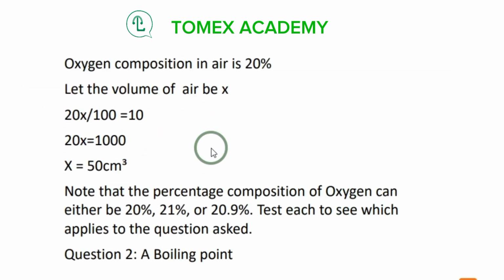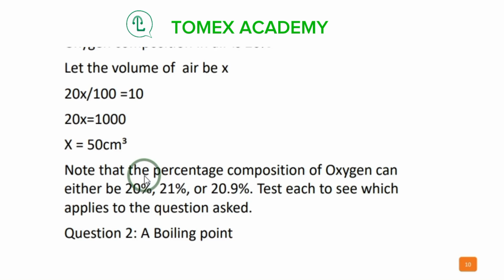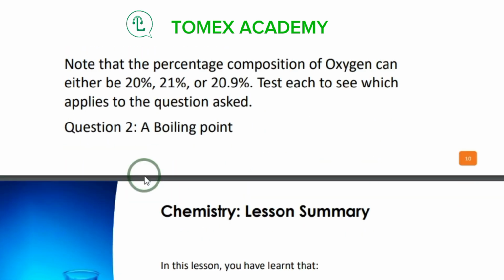I know that oxygen composition in air is 20%. Since we do not know the entire volume of air, we said let the volume of air be X. Then we say 20% of X equals 10 cm³ that we are given. Then make X the subject of formula. Then the volume of air is 50 cm³. I hope this is clear. The answer to question number 2 is boiling point.